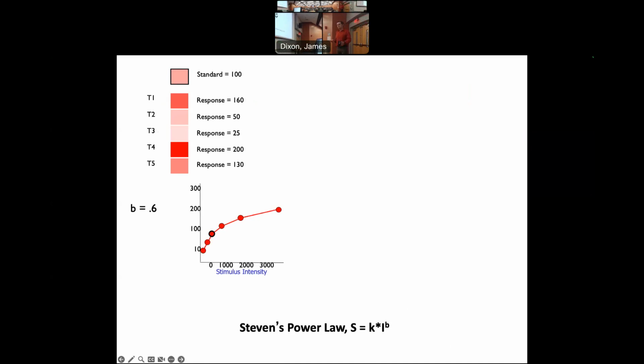And so Stevens is saying, look, here's what happens in psychological systems, perceptual systems. You have a range over which you're super sensitive to changes. Really, really sensitive.